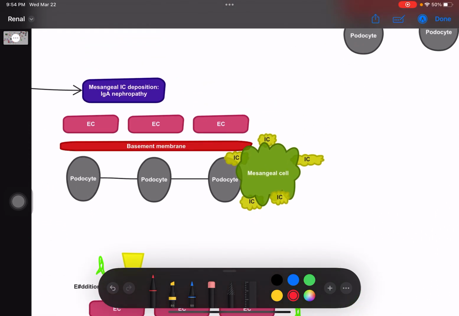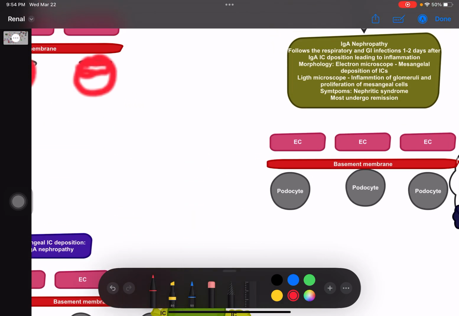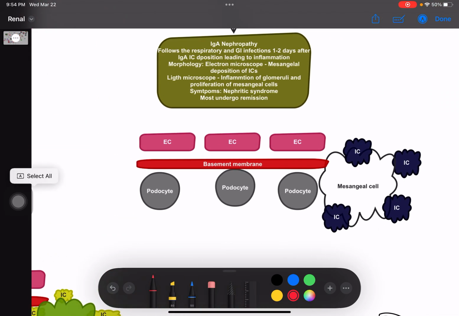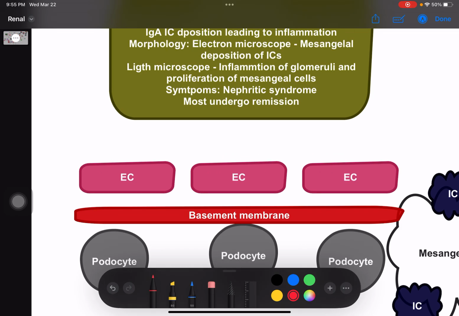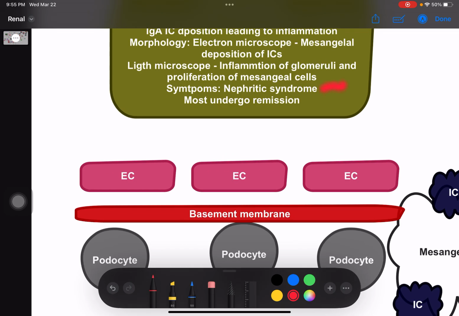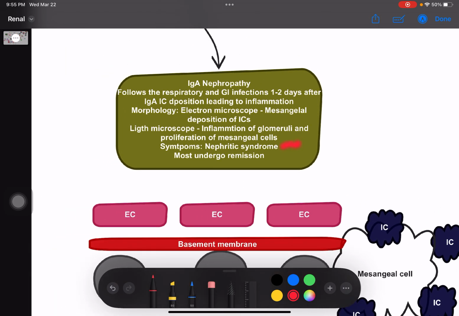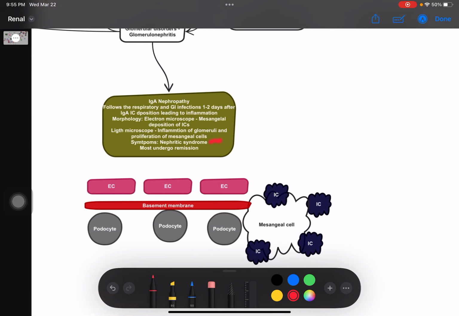There's mesangial immune complex deposition in IgA nephropathy, as you can see the same here. In light microscope, there's an inflammation of glomeruli and proliferation of mesangial cells, and the symptom is nephritic syndrome. And most undergo remission. It's not as severe as other disorders, so the important thing to remember is it is characterized by nephritic syndrome. So there's blood in urine.